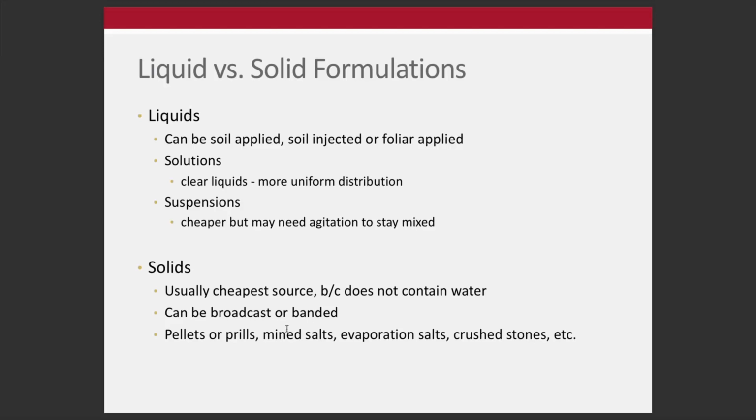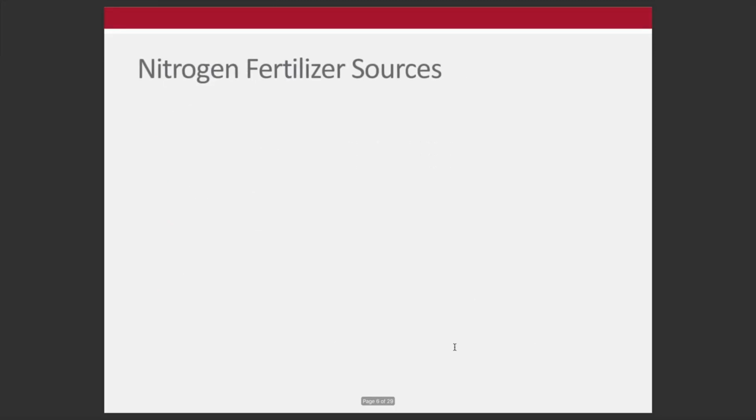But it's typically a little bit cheaper to produce a prill than a pellet, so that's why those exist. And then we can think about the crushed or powder type form of fertilizer. So there are a lot of different ways that these types of things are manufactured, and they might exist as well.